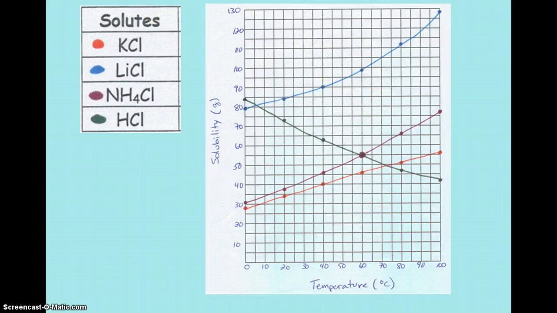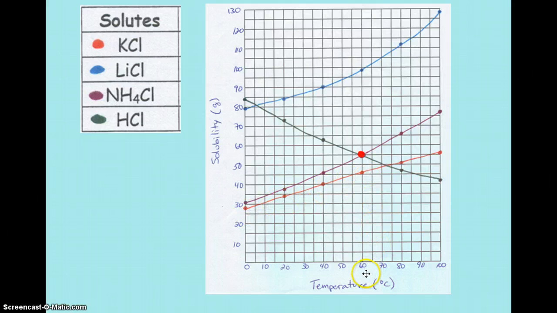So looking at question 5, if I dissolve 55 grams of each chloride at 60 degrees Celsius, so here's 60 degrees Celsius, I go up to 55 grams, and that's this big dot right here. Is the solution saturated, unsaturated, or supersaturated? Well, for KCl, here's my KCl line.